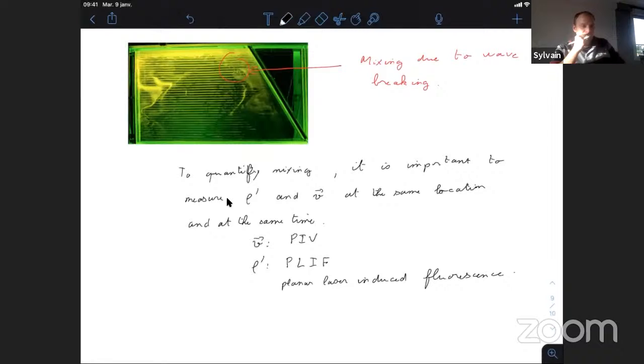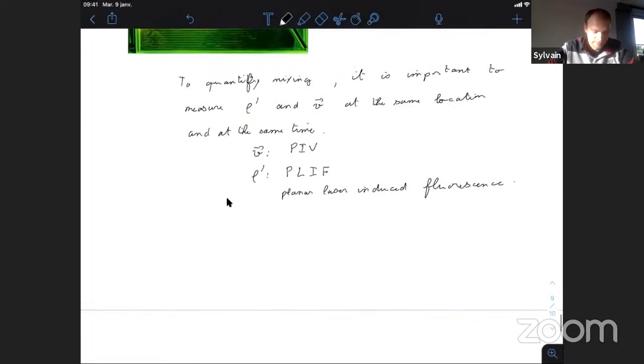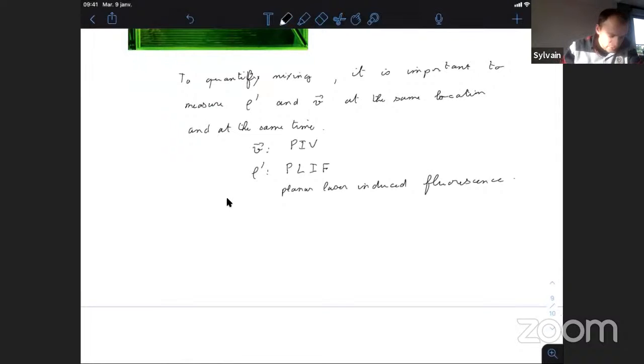We see some mixing in the wave breaking, but still the mixing occurs in 3D. Okay. So the idea now is to explain the principle of this technique, PLIF.